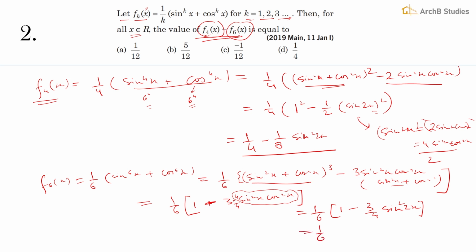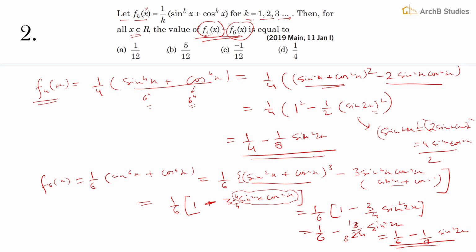This will be 1/6 minus 3/24, we can cut this, 1/6 minus 1/8 sin square 2x.